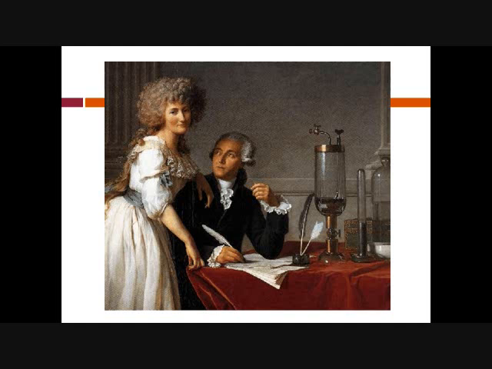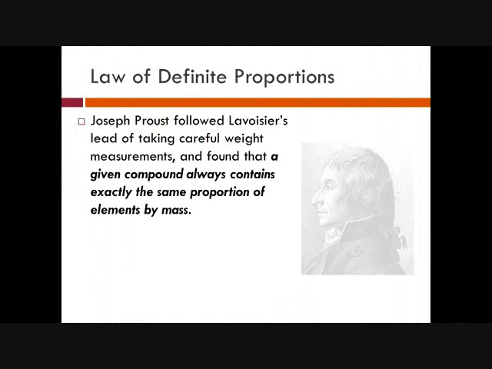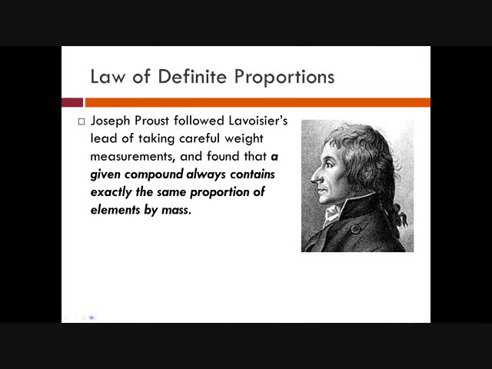The law of definite proportions came from Joseph Proust, where he was taking careful weight measurements and found that a given compound always contains exactly the same proportion of elements by mass. This is difficult for people in Chem 1 to figure out compared to the next one.